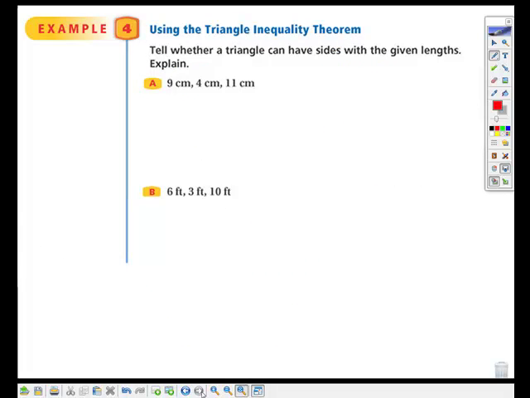If we look at the next thing, it says tell whether the triangle can have the sides with the given lengths. Well, if we check out the 9 and the 4 and the 11, if we take two sides and go 9 plus 4, that should be bigger than 11. If we test it out, 9 plus 4 is 13, that's bigger than 11. So that's okay. But if we test out the 9 and the 11, 9 plus 11 should be greater than the third side, which is the 4.